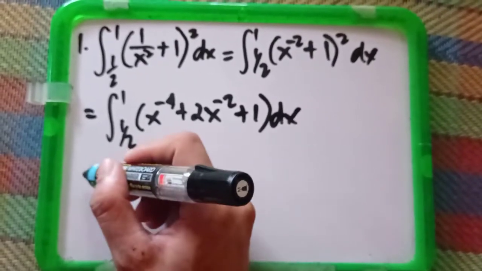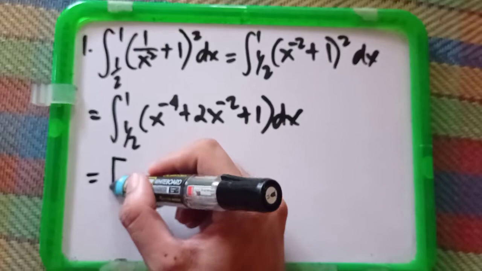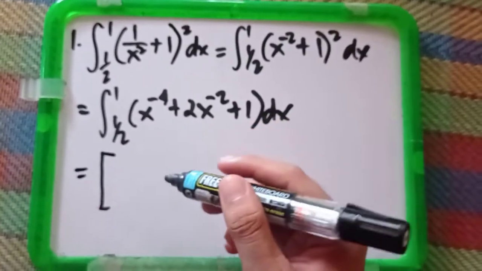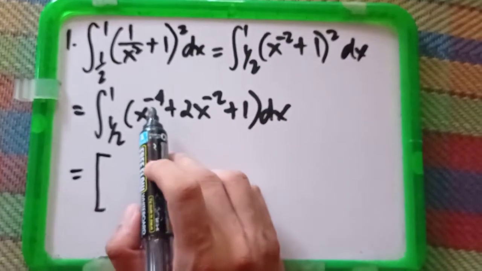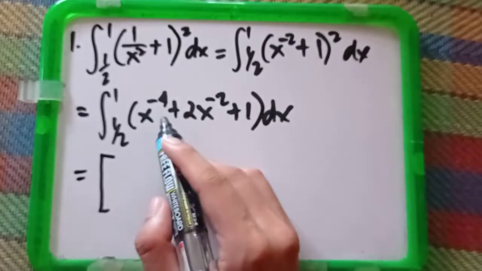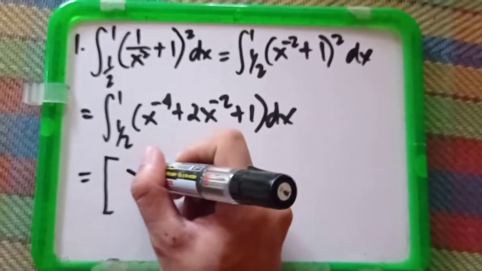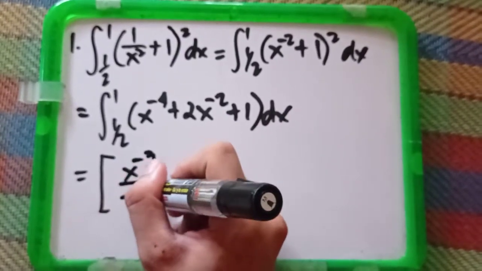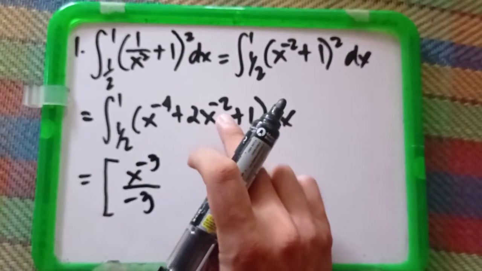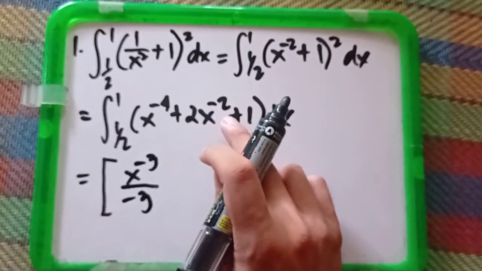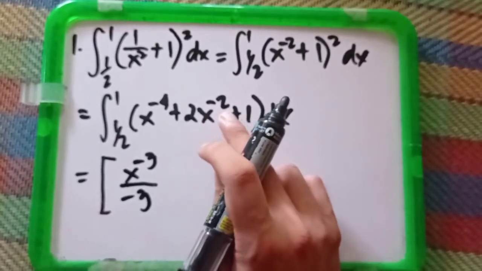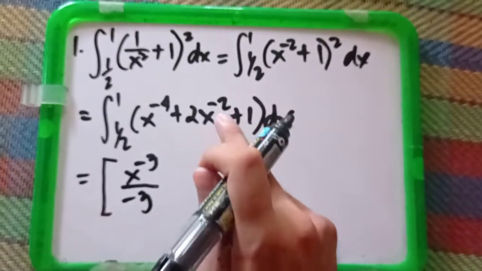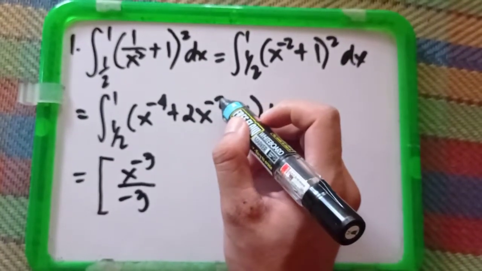So this will be open bracket, and integration nito is x raised to negative 3 over negative 3. Tapos ito magiging negative 1 ito.